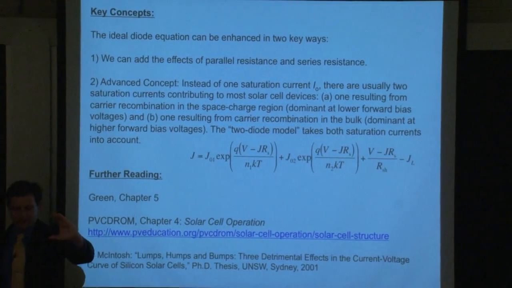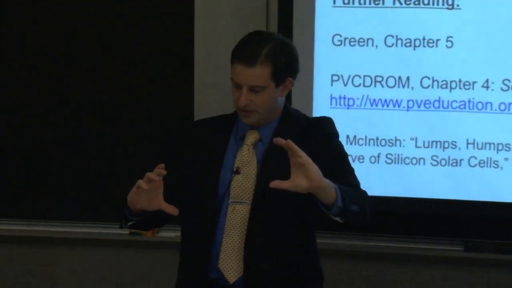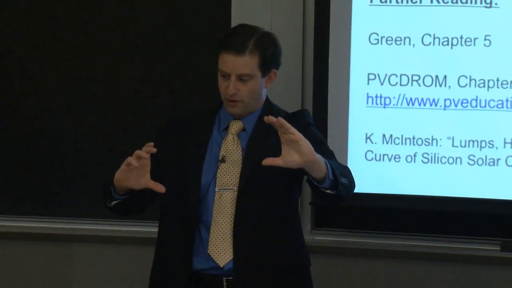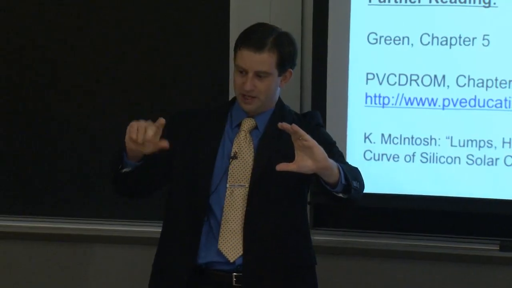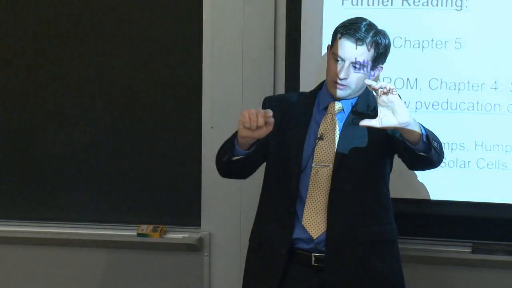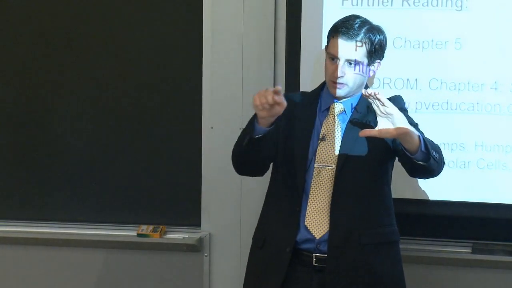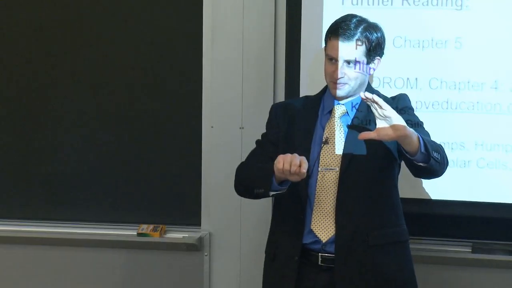Under low bias conditions, where we have a large built-in field, as we forward bias, obviously the field is going to be decreasing. The barrier height is going to be decreasing as well. So under low forward bias conditions, current is going to have a hard time getting all the way up into the base and recombining inside of the base, but some of the current could recombine in the space charge region of our device.